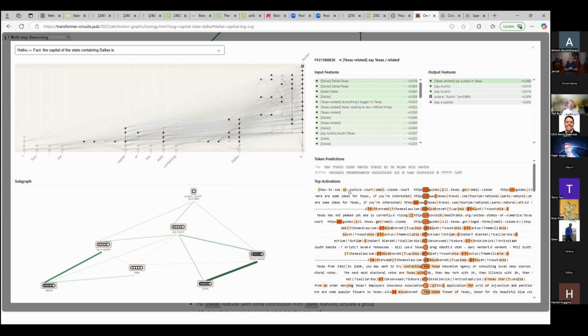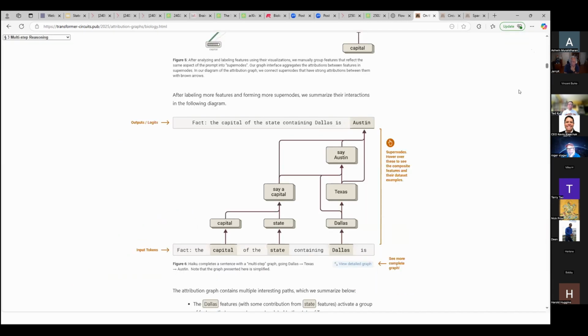It still takes quite a bit of reading between the lines to understand what's going on here. And I've looked at some nodes and I'm like, how did they get that this is a Dallas feature? I don't really get it, right? So again, we'll look at these. I think the experimental verification is super important because anybody could make valid arguments that their hand naming of the nodes was right.